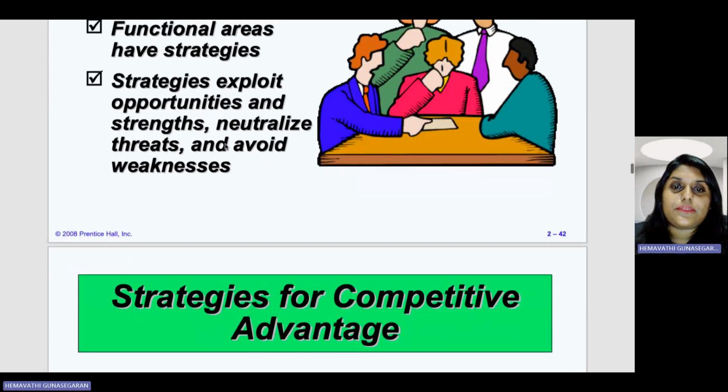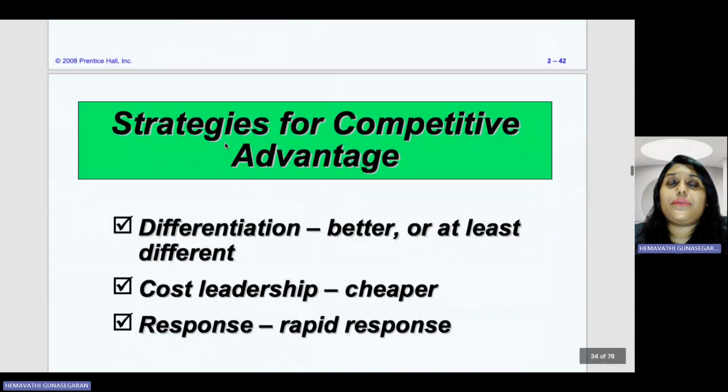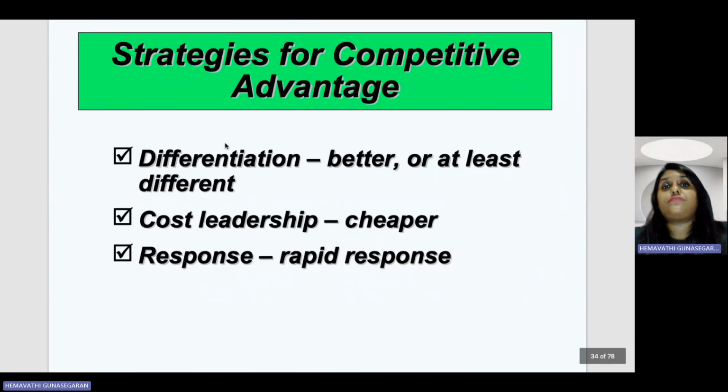All right. So when we speak about strategies, we have strategies for competitive advantage. Competitive advantage is that we want to make our products and services different and competitive against other companies. We want to ensure that this product, when it goes to the market, is going to be sustainable and a good competitor to other substitute products.